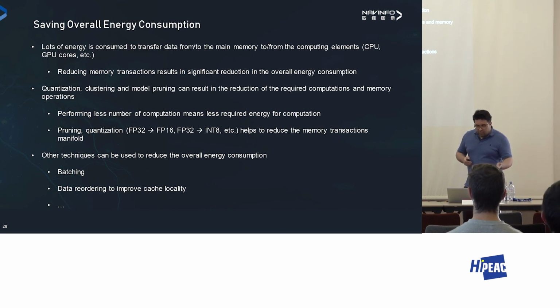We can do quantization. For instance, if we simply go from FP32 to FP16, we reduce the size of the model by 2x, and from FP32 to int8, we reduce the size by 4x, and that is a lot of savings in energy and data transfer.